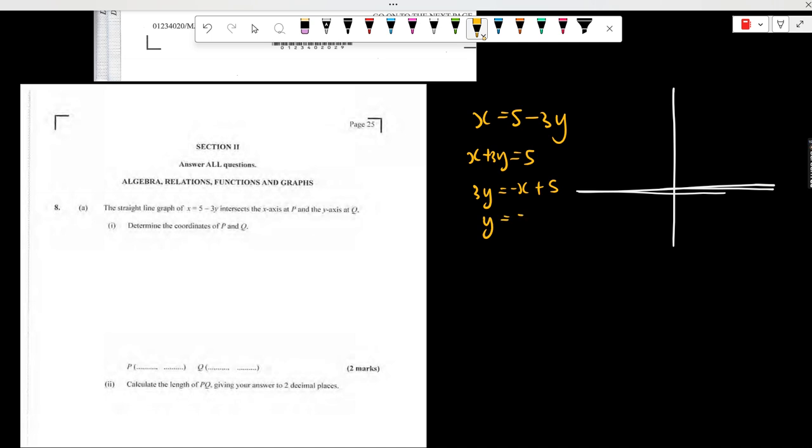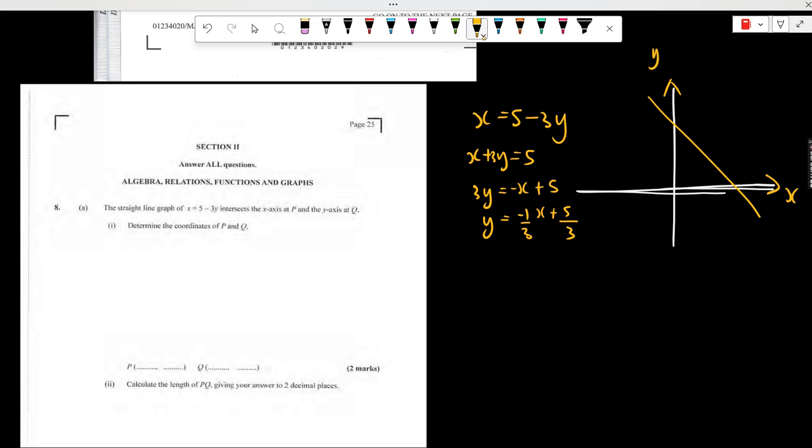So y is equal to minus a third x plus 5 over 3. I just did that to get the shape of the line. So this is our y and this is our x, and the line shapes like that. So it clearly cuts the x-axis and the y-axis.